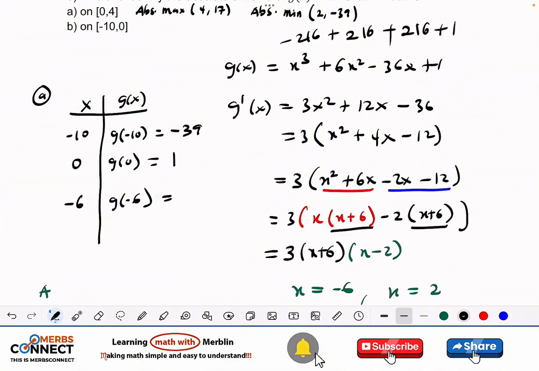Plus 1. So let's add them: 216 plus 216 plus 1 minus 216 is going to give us this.